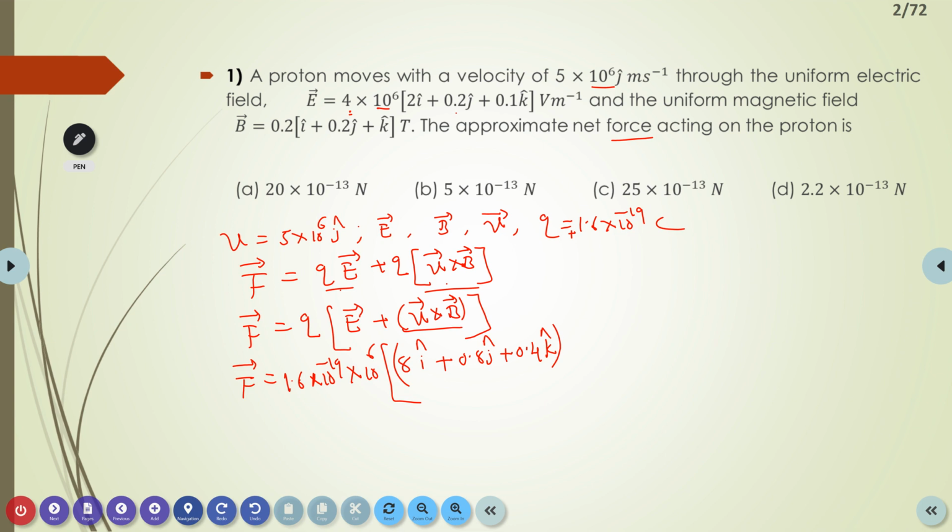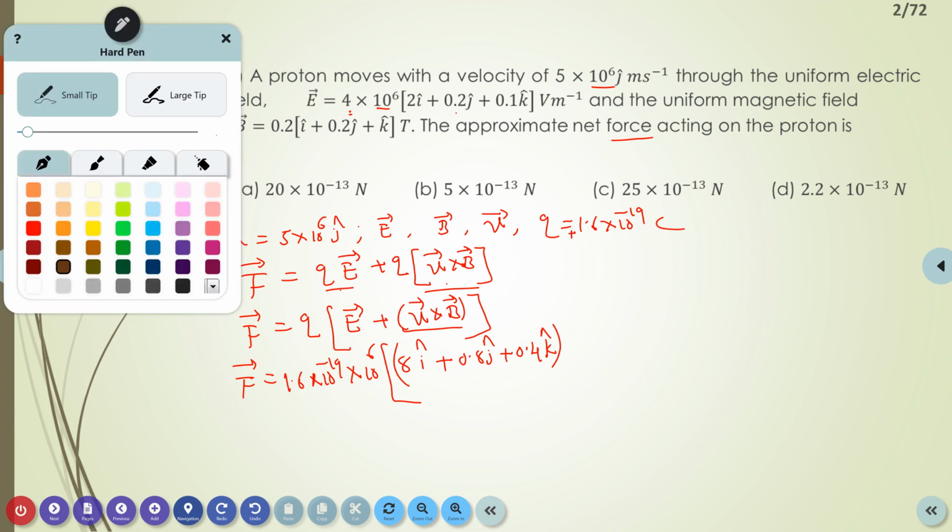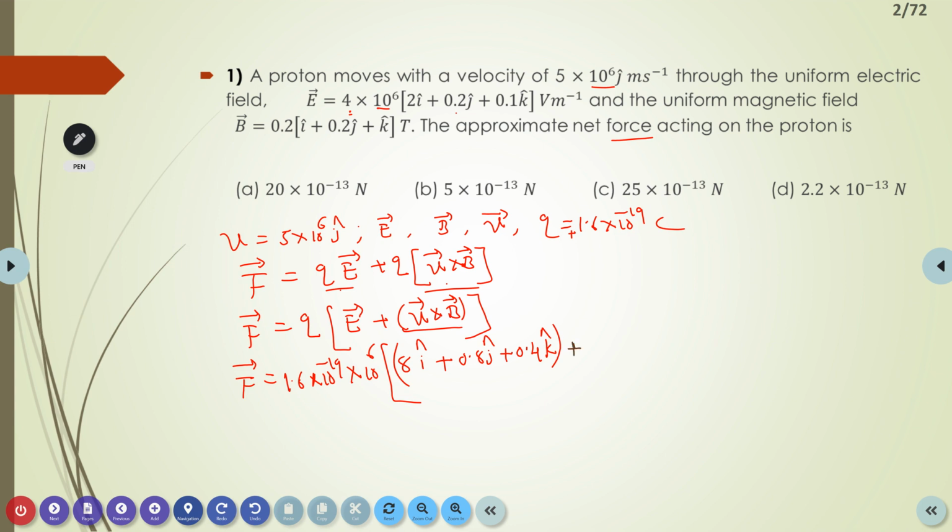Next, similarly substitute the value of V cross B. The value of V is 5 into 10 to the power of 6, but the 10 to the power of 6 is not required here, so it is 5 j cap. Then substitute the B value: 0.2 i cap plus 0.04 j cap plus 0.2 k cap.